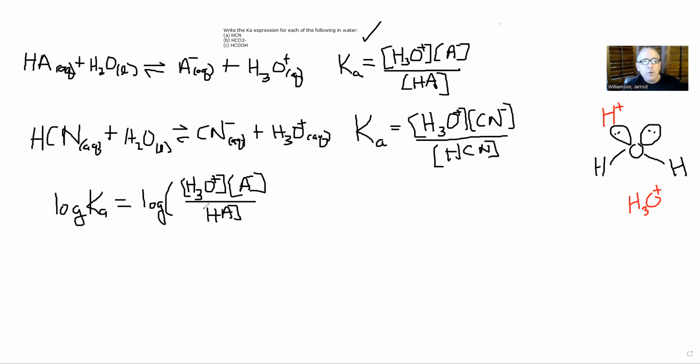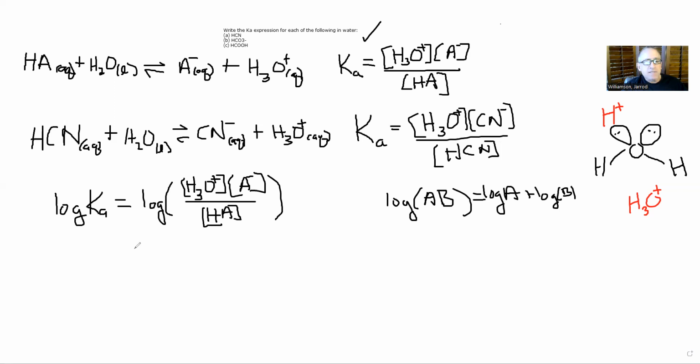You're like, well, who cares, right? Well, I do, and there's a good chance it's going to show up on the test, so you do. I'm going to use a property of logarithms where log of A times B is equal to the log of A plus the log of B.